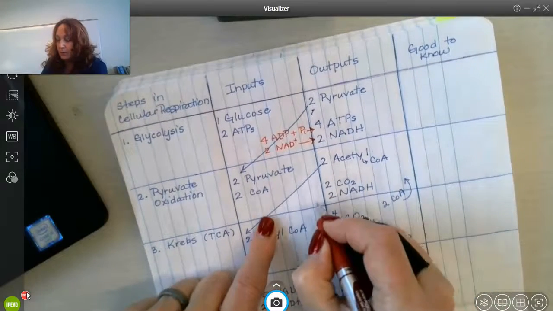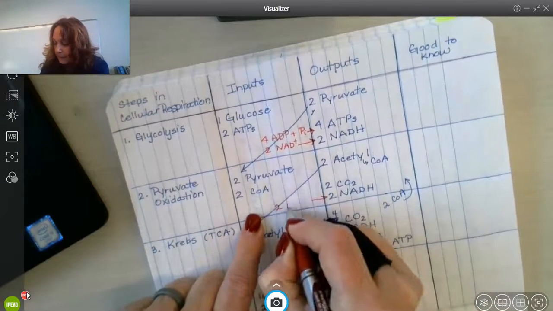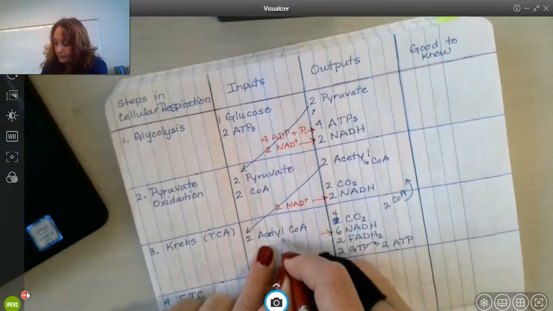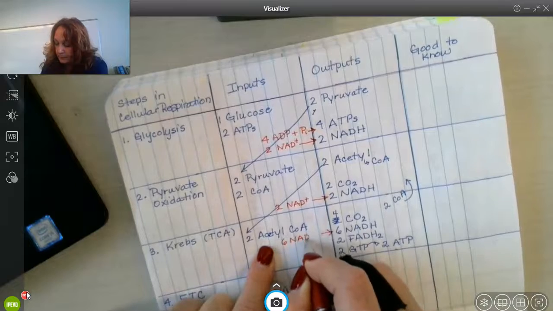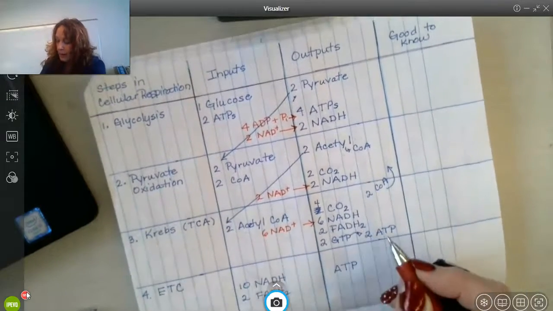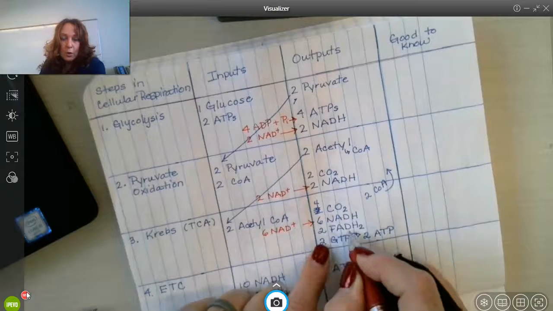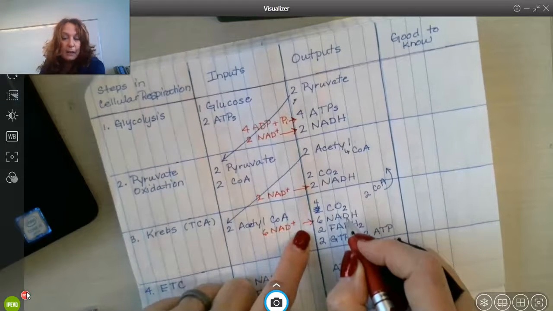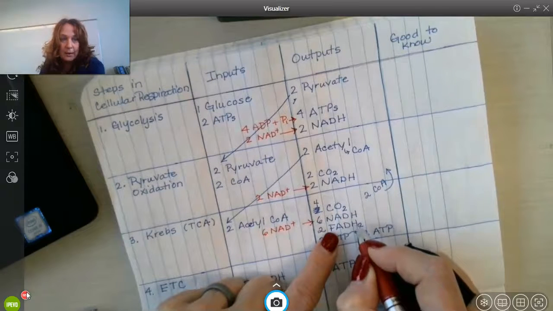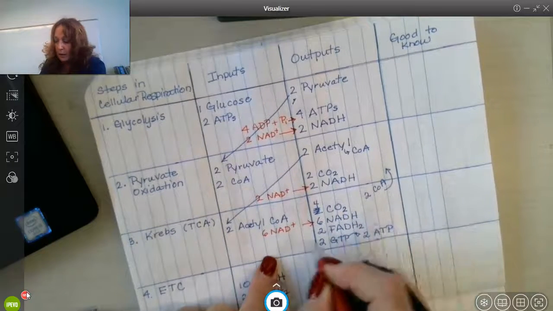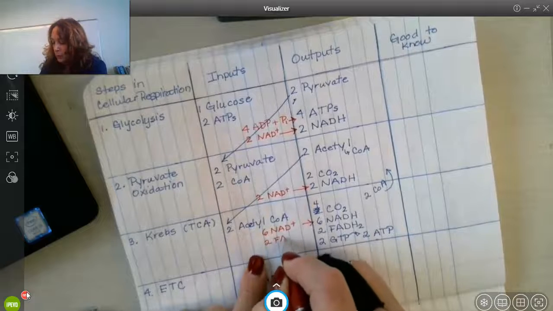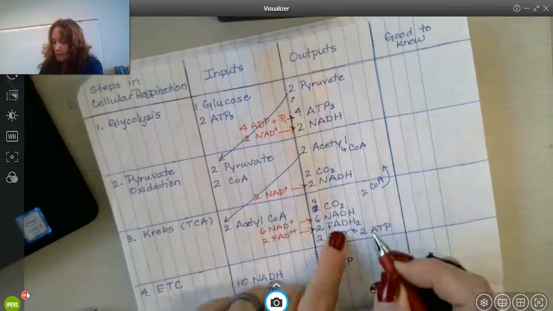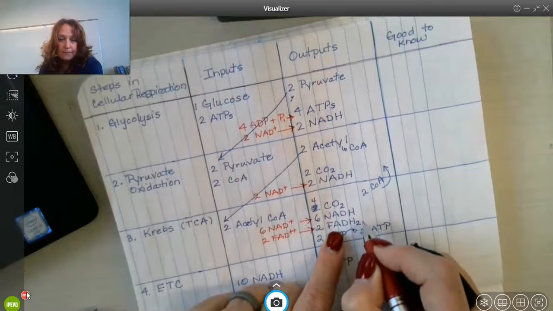So let's go down here and fix all of these NADHs and what you would have to have. Just like NADH is created from NAD gaining electrons, FADH2 is created from FAD gaining electrons. So I would need 2 of the empties in order to create the reduced FADH2.